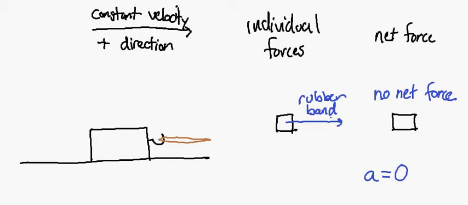Because there is no net force, any force in the horizontal direction must be canceled out by another force going the opposite way. In this case, since our rubber band is shown as exerting a force pulling the block to the right, there should be another force pulling it to the left.